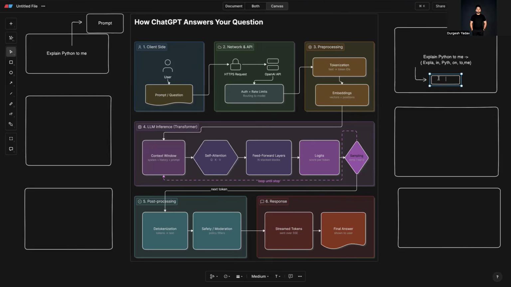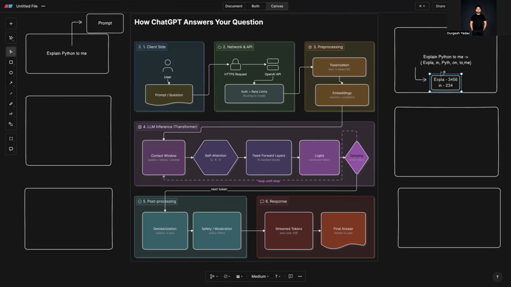Let's say I give this an example: "explain" got a number as 3456. There is an internal calculation that happens, and that converts these particular tokens into numbers. Let's say the token "in" got a number 2234, and in the same way all will be converted.